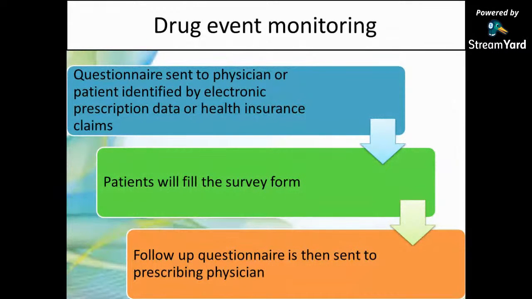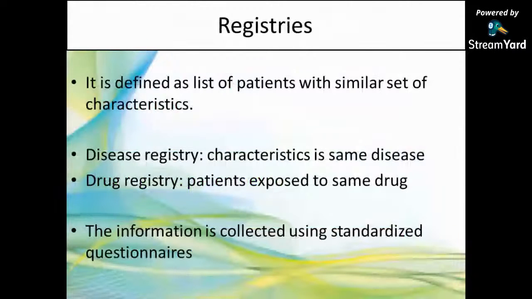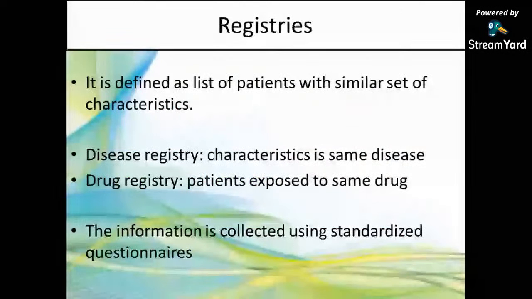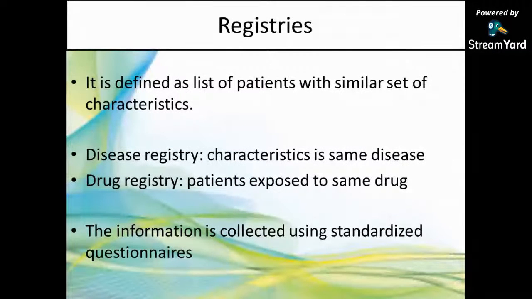And the third method of active surveillance is registries. So registries are basically a list of patients having similar characteristics. The registries are of two types, disease registry and drug registry.